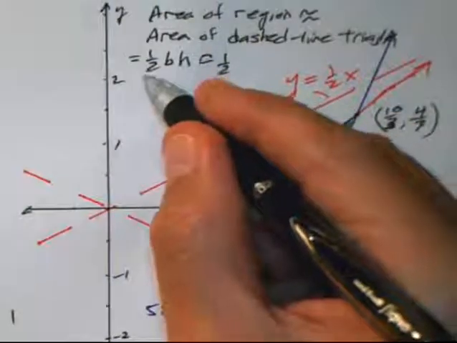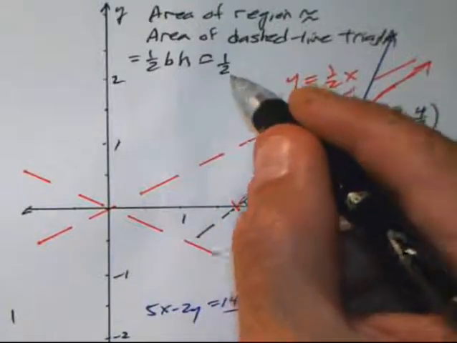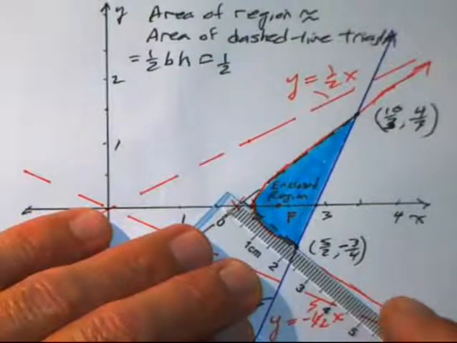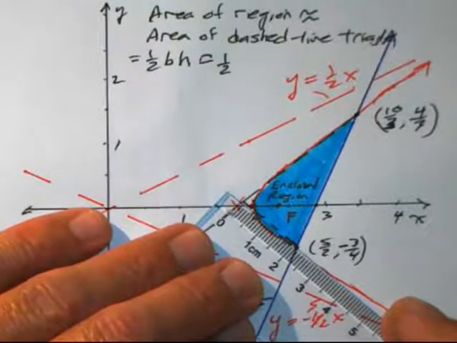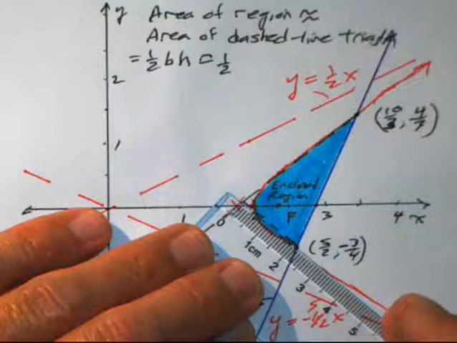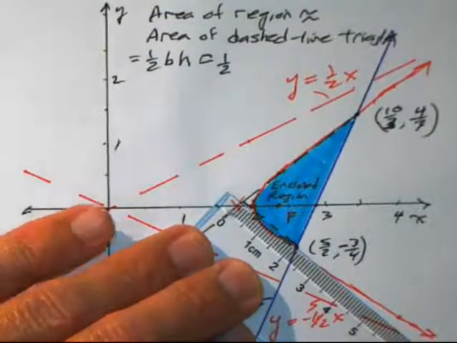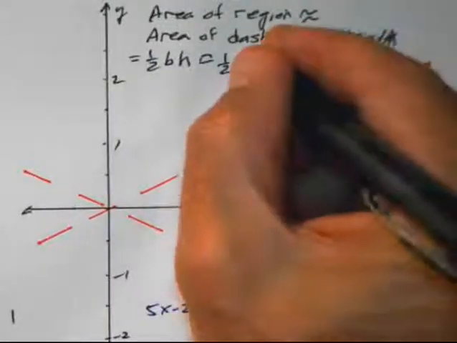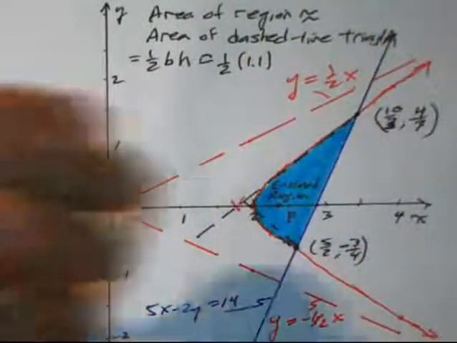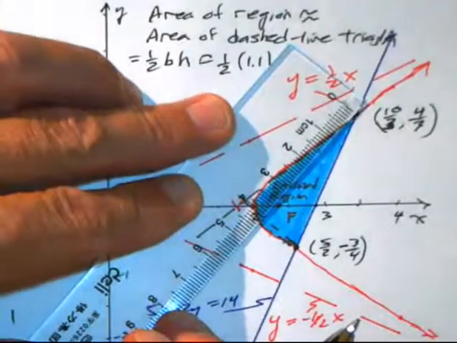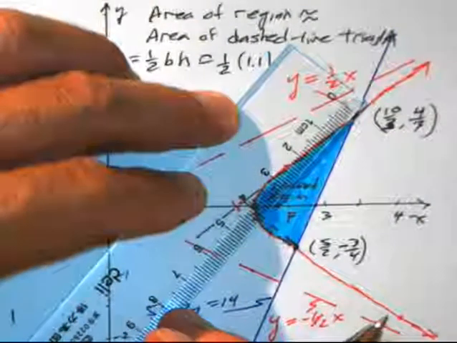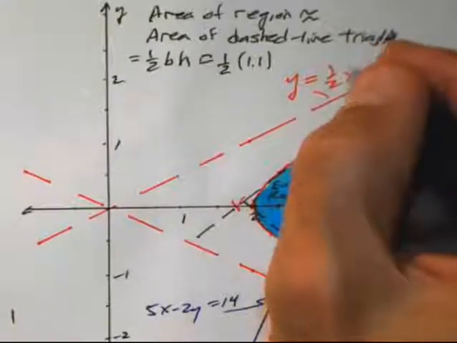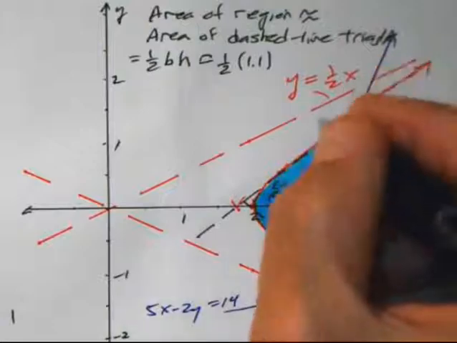And like all triangles, the area is 1/2 base times height, equals 1/2 of the base of this triangle. Now remember that our scaling here is 1 centimeter equals 1/2 unit. So when we measure this 2.1, we'll call half of that about 1.1. The altitude or height of this looks to be about 4.1, so that will be half that, let's say 2.1.